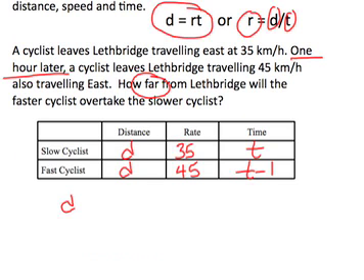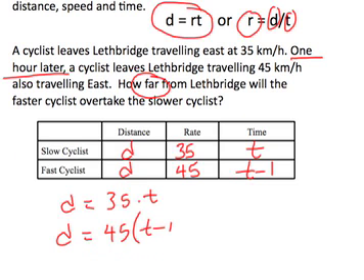Okay, so distance is equal to rate times time. So distance is equal to 35 times the time. So that's for the first row. Second row, distance is equal to 45 times t minus 1.